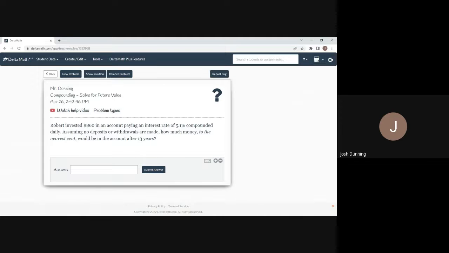Ooh, that's 365 days in a year. They're not going to try to be clever with the leap year or anything like that, so don't worry about that. After 13 years, so it'll be to the 365 times 13. Real glad we got a calculator for this. To the nearest cent, 1668.84.